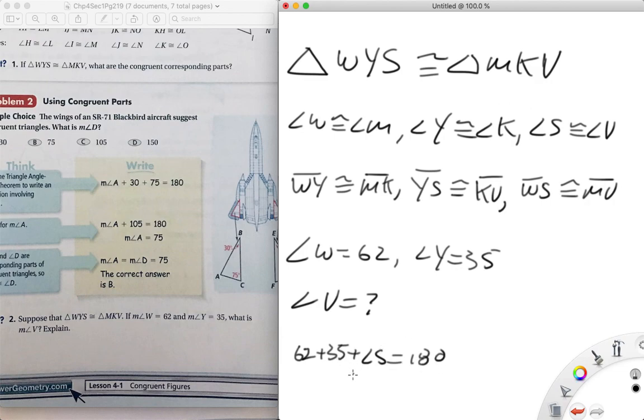Do the math. 97 plus angle S equals 180. Angle S equals 83.